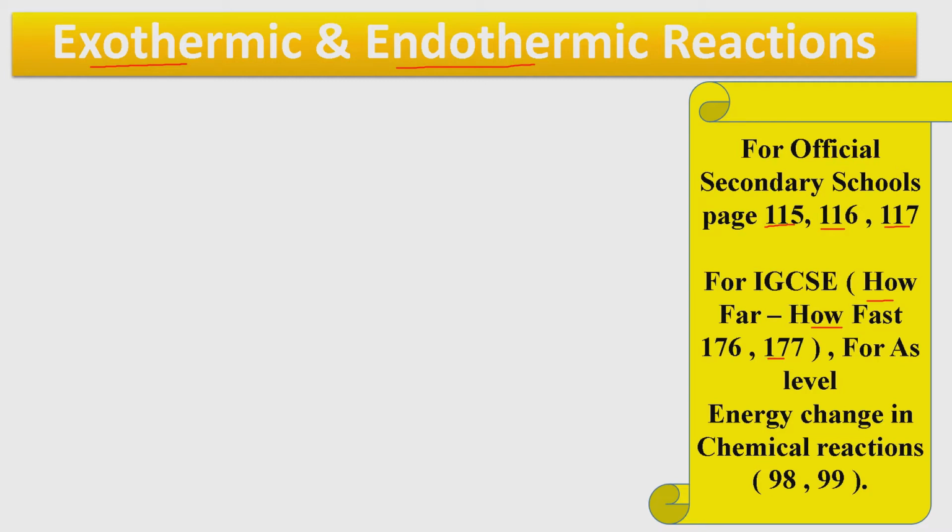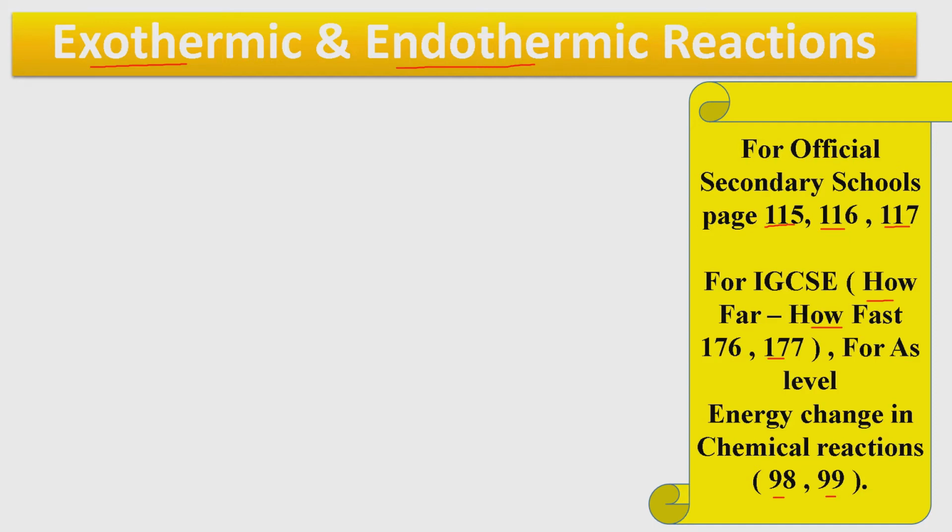By the end of this chapter, you can differentiate between exothermic and endothermic reactions. You can know the definition of both of them. You can know the energy change and the energy diagram for exothermic and endothermic reactions, and also the temperature change during the chemical reaction.